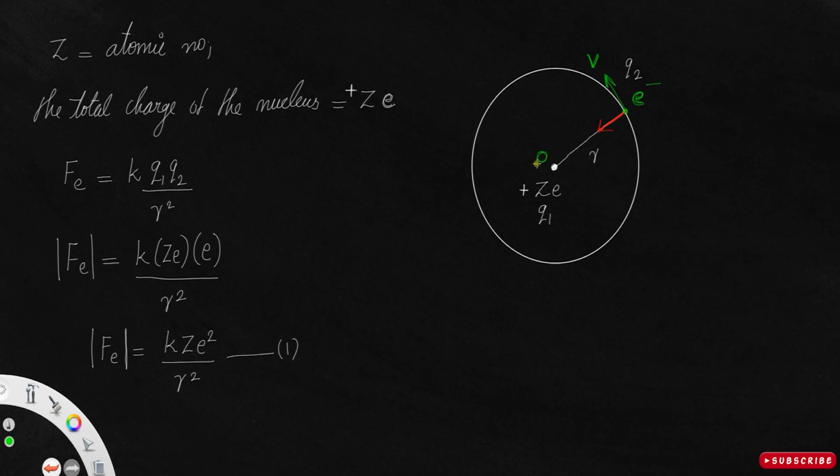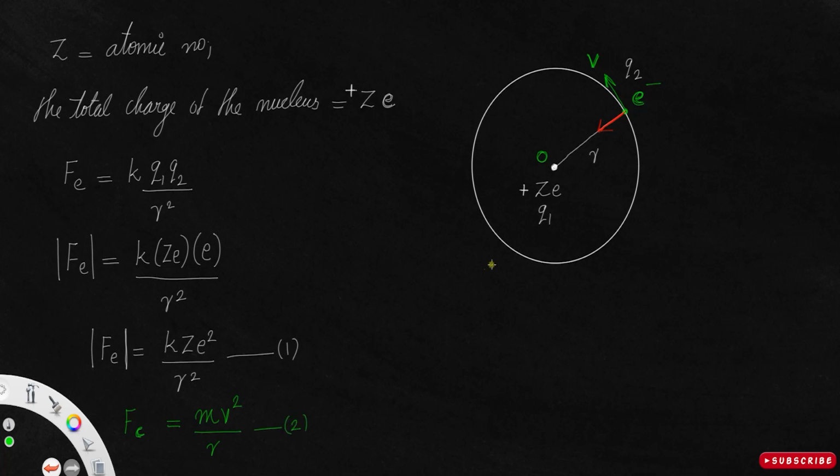Let's take this point as O. Let the center of the nucleus be some point O. So in order to rotate along a circular path, there should be a force called the centripetal force. We represent that as Fc. And we know the expression for centripetal force is mass of the body times velocity square divided by radius.